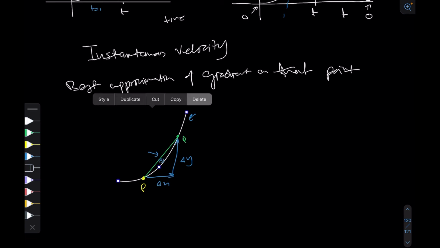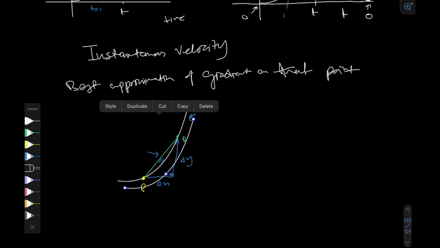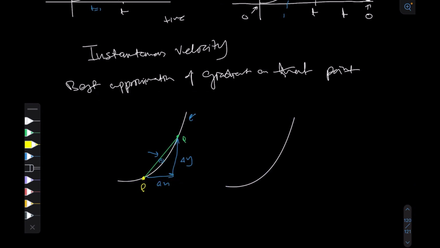So let me duplicate it. Let's put this here. So let's take the same point P, and instead now what I'm going to do is I'm going to move Q closer to P. So let's take Q over here, right?